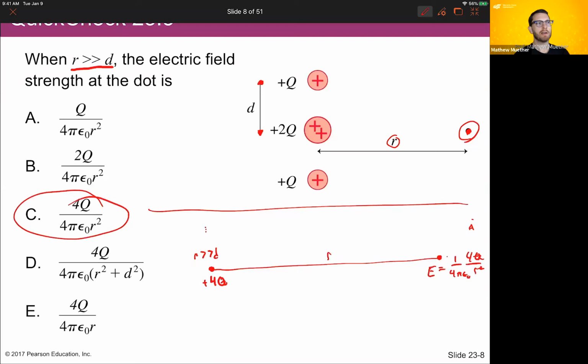Would it matter, if I'm very far away, which direction I walk? In this specific example, we moved to the left of that charge distribution. What if I had walked very far away from those charges, going straight up or off at some angle? You could imagine it doesn't matter, because that separation is becoming so small relative to r squared that I no longer care about that separation distance.